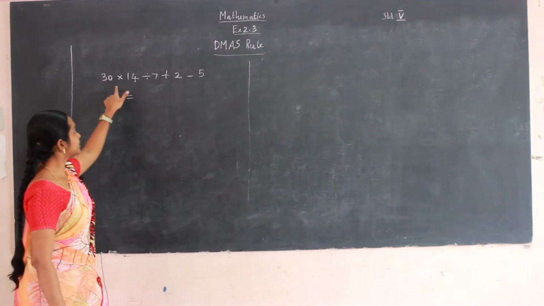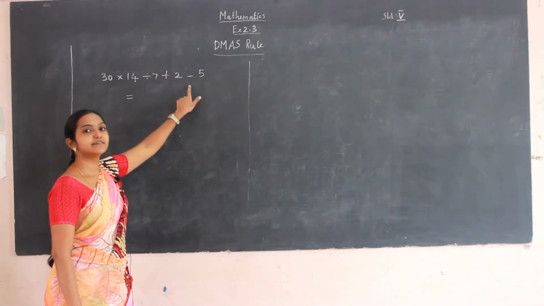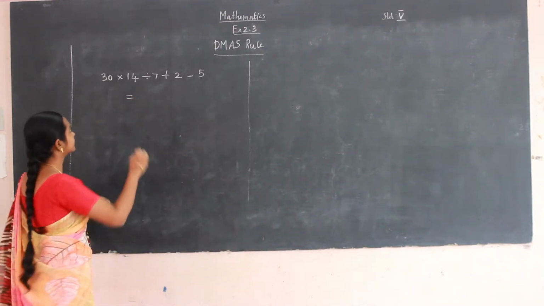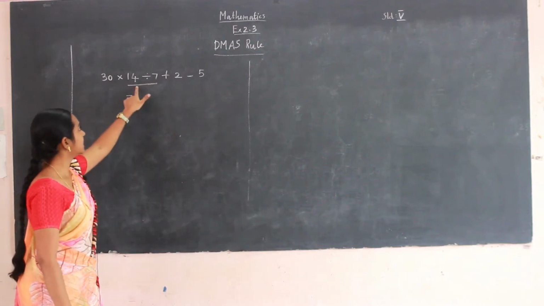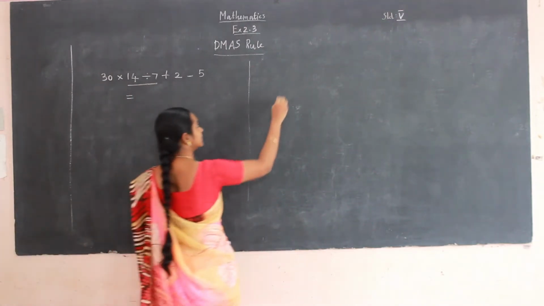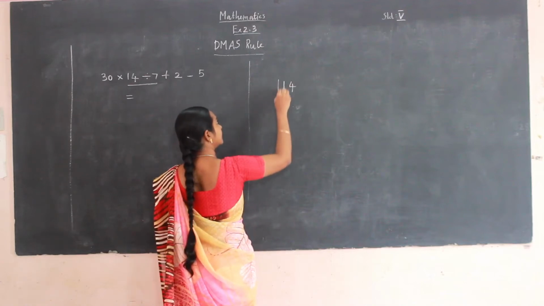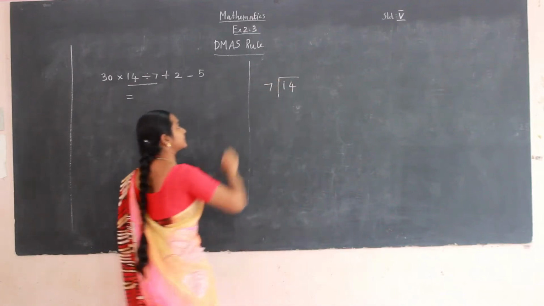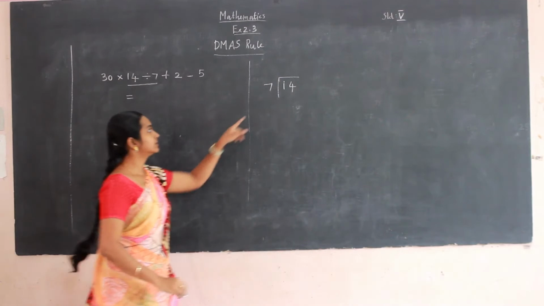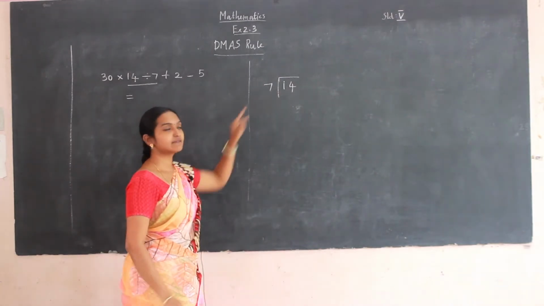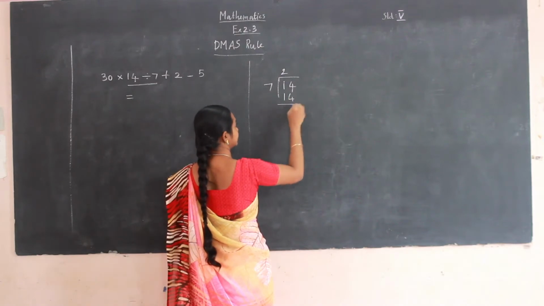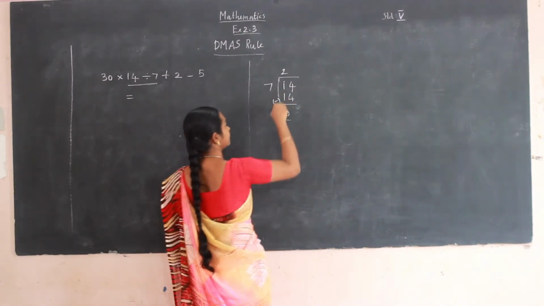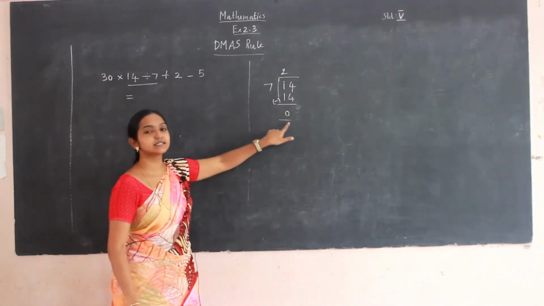If all the operations are given in single line, first you have to do division. First divide 14 and 7. One 7 is 7, 2 7s are 14. So write 2 in the quotient. 14 minus 14 is 0.